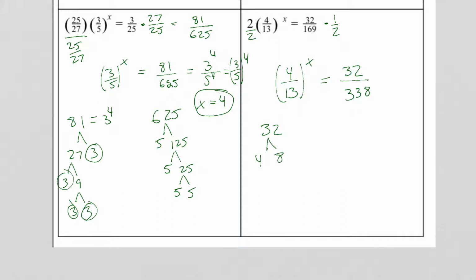We've got 4 and 8, and that's not going to do it. This is 2 and 4, 2 and 2, also 2 and 2. So we've got 5 2s. No wonder this is not working out right.